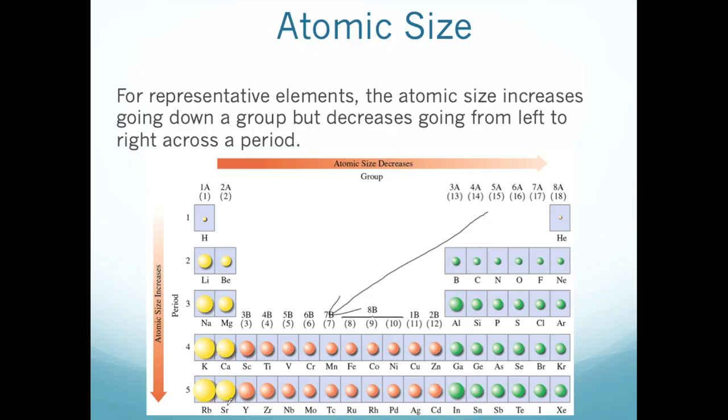Francium, which is not shown on this diagram, down here on the bottom left, is the largest atom that you have in your periodic table. But you can see, generally speaking, atoms are getting bigger as you move down and to the left. So anytime you compare two elements, just see where they are in relationship to each other. Whichever element is more to the left or lower is going to be the bigger of the two atoms.